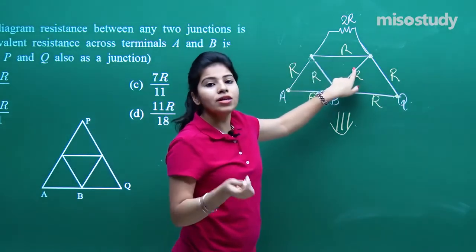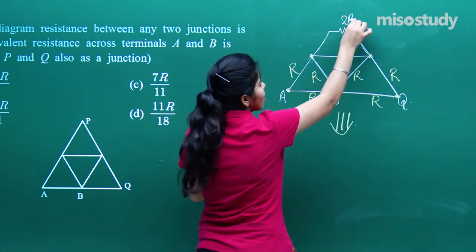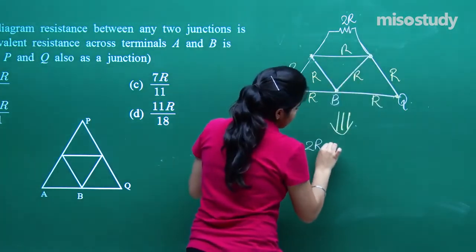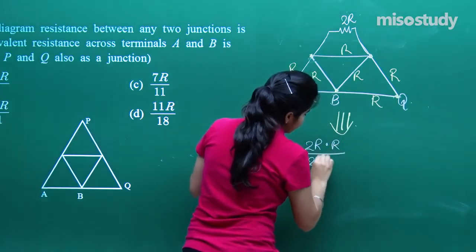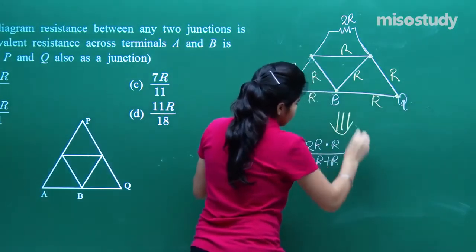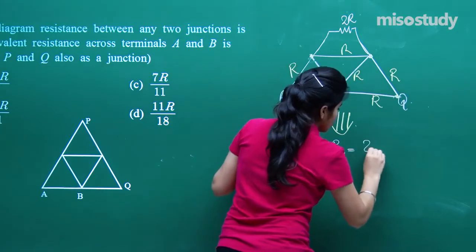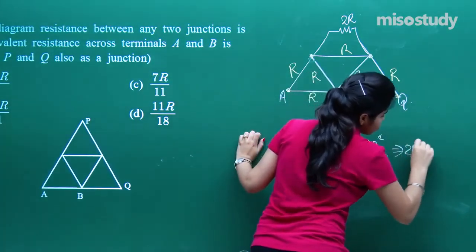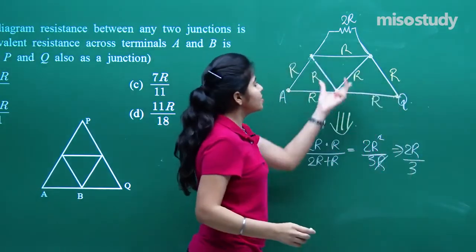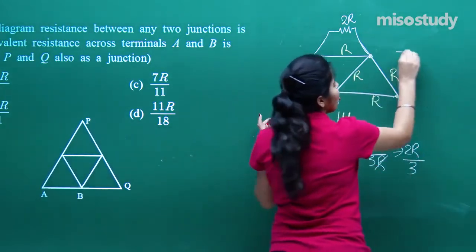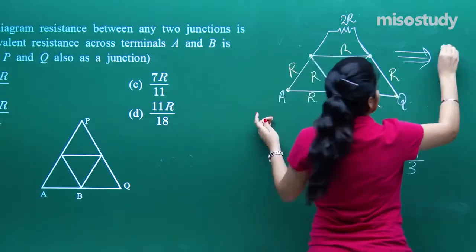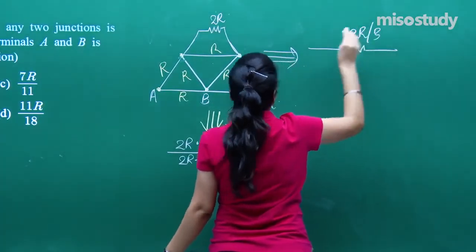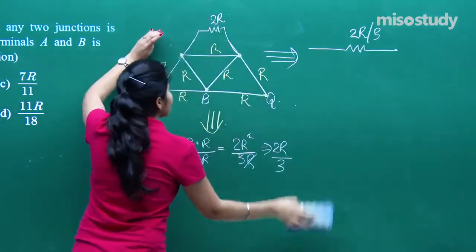AB upon A plus B. So that will be 2R into R upon 2R plus R, which is 2R square by 3R, equals 2R by 3. So this resistance has now become 2R by 3. This whole part will be removed.